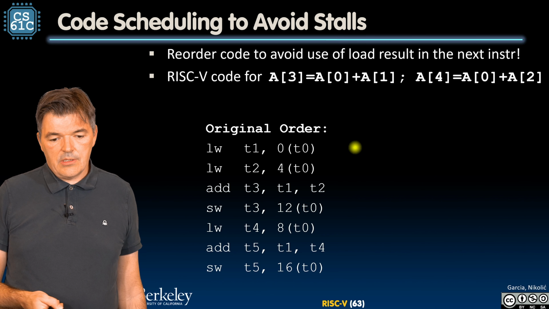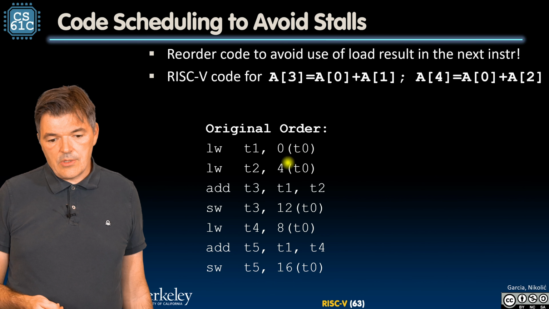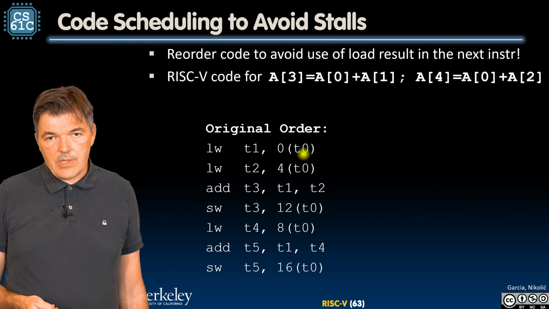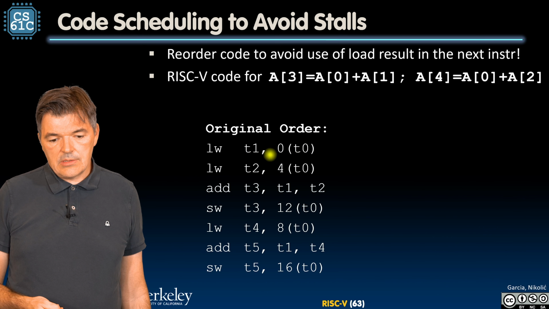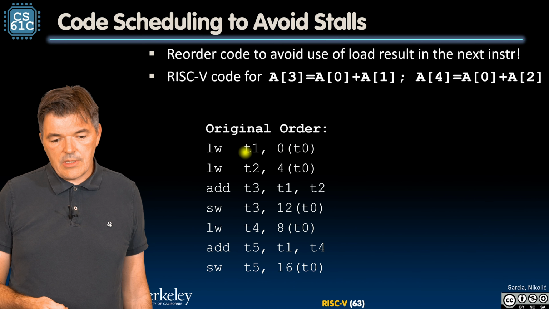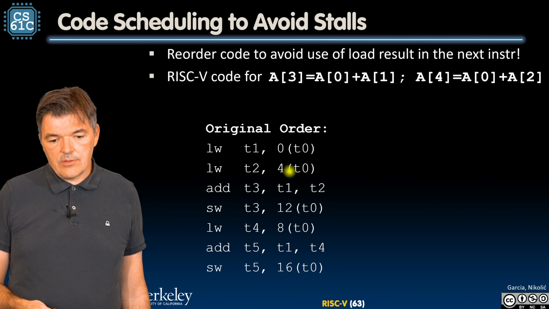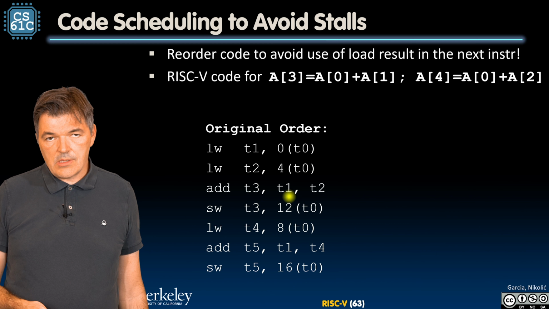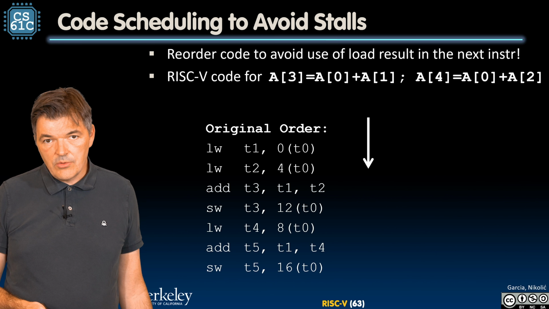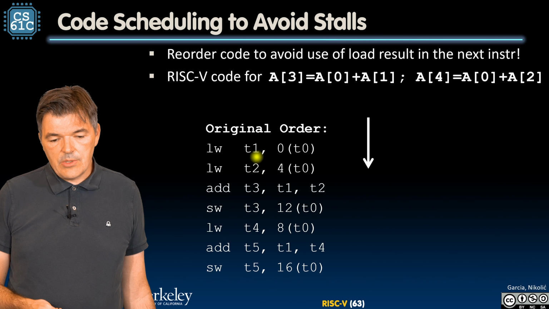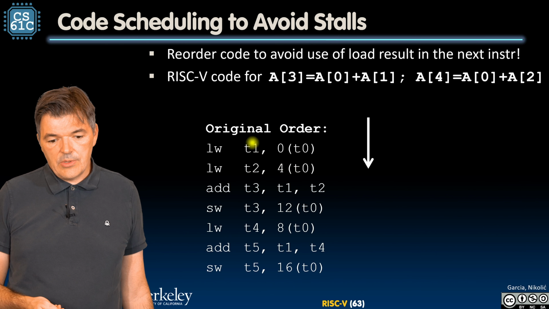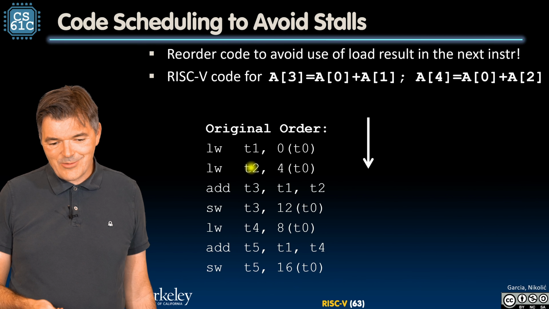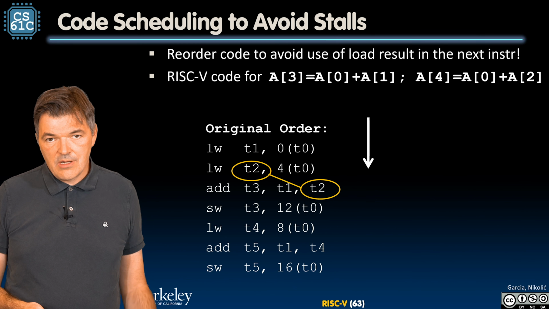We're going to load T0 pointing to the 0th element of the array A, and we're going to get the first element of the array, store it in T1, get the second element of the array, store it in T2, and immediately proceed with the addition. See the problem here? We proceeded by executing two loads. They do not block each other. There is no dependency between the source of the second load and the destination of the first load. But look at this one over here. T2 here, T2 there. So there is a dependency there.